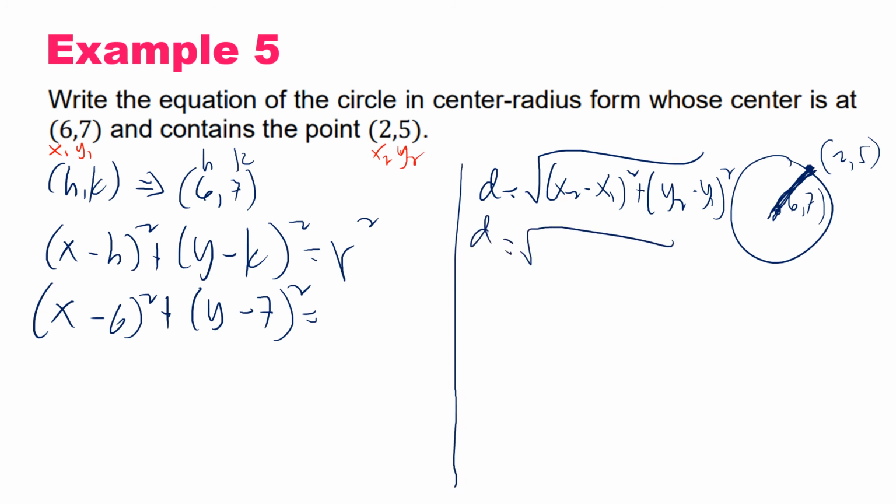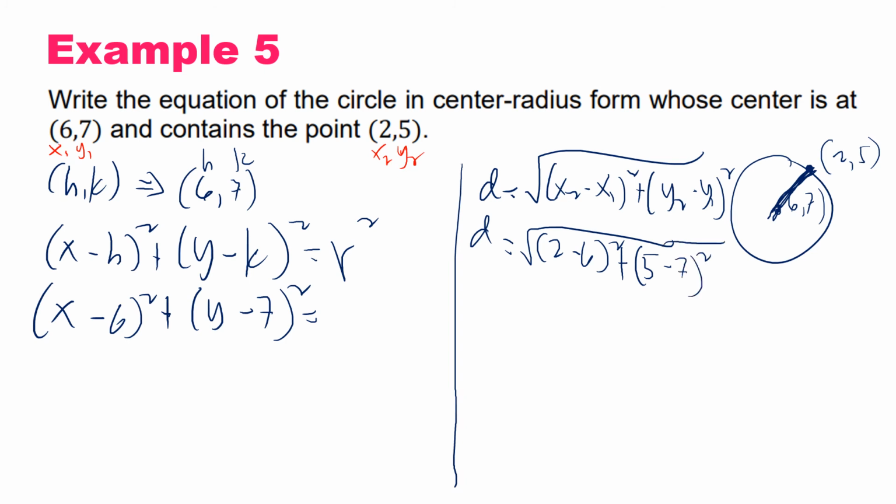So the distance is equal to the square root of x sub 2, which is 2, minus 6 squared, plus y sub 2, which is 5, minus 7 squared.